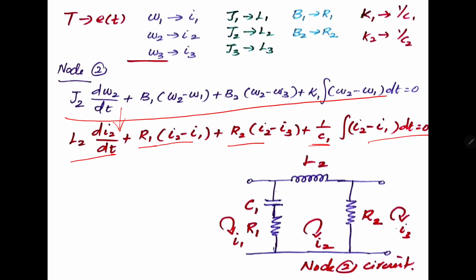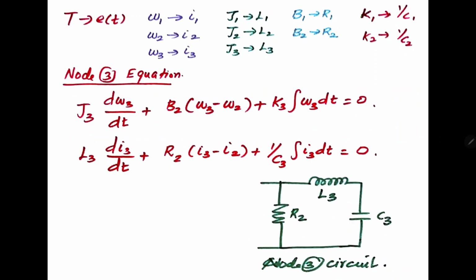So first I'm going to consider loop 1 and loop 2. Here the capacitor and resistor are common to loop 1 and loop 2, and R2, that is the resistor, is common to loop 2 and loop 3, and then an inductor is connected in series.